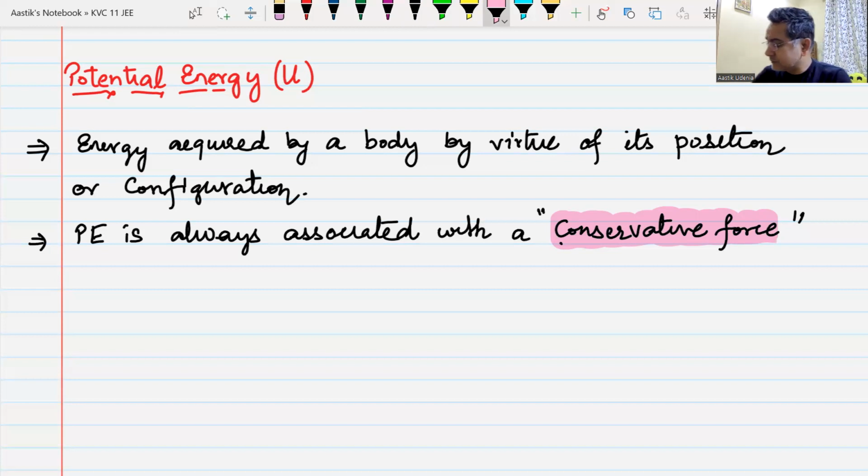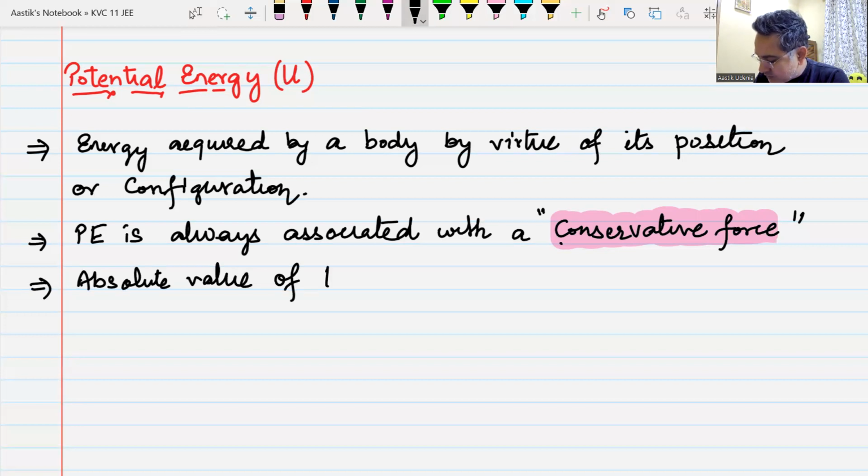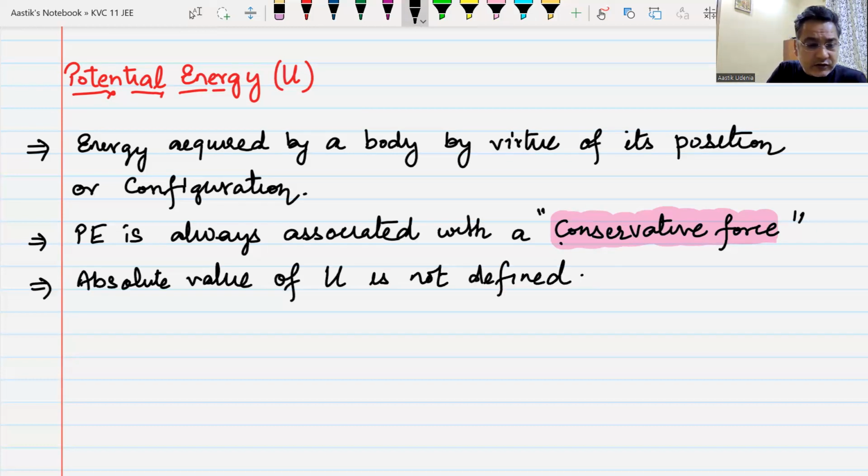Now, remember the absolute value of potential energy is not defined. Note it down, that the absolute value of potential energy is not defined.